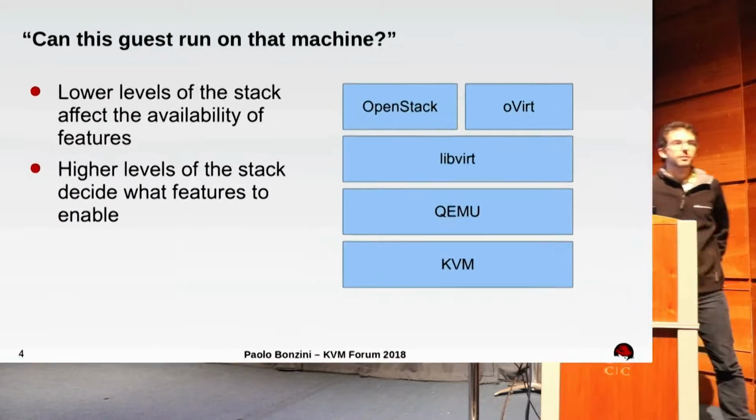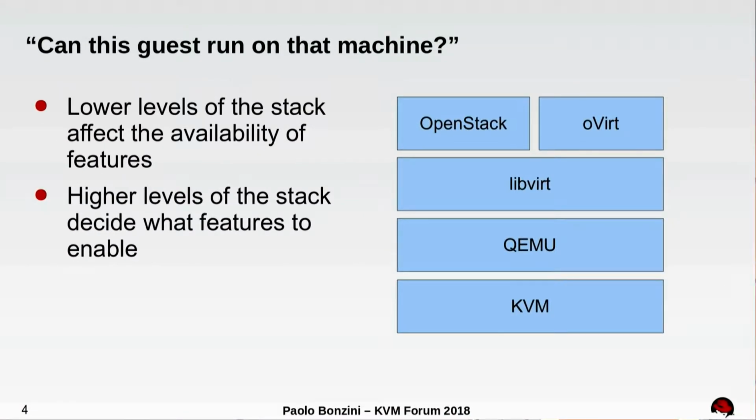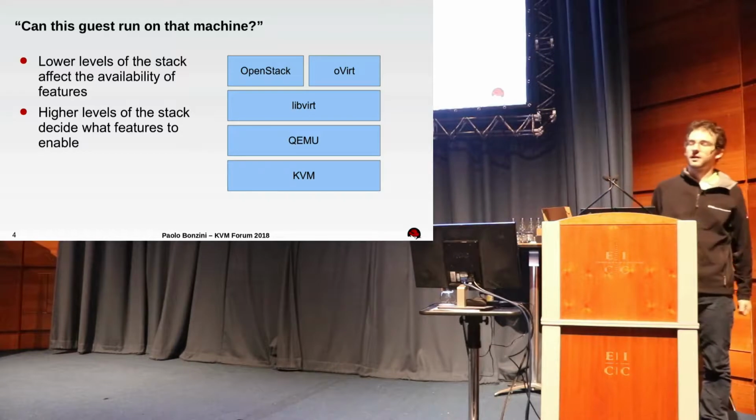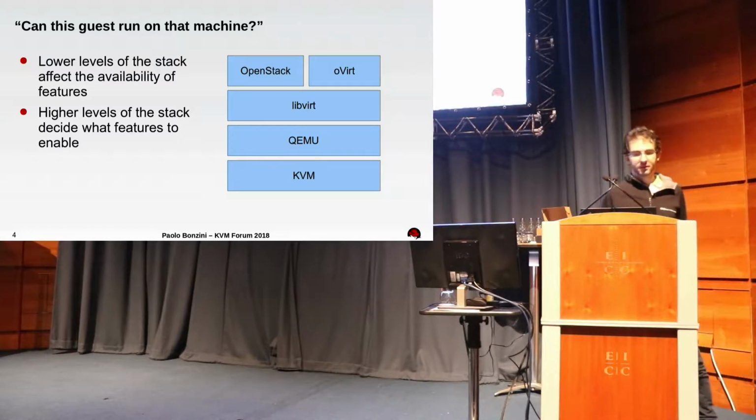So how do we deal with this? Basically, at the lower levels of the stack, there's nothing you can do. They are the ones that decide whether the features are available. Let's keep the same example as before, nested virtualization.